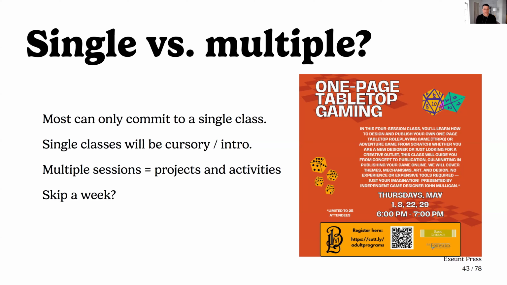It's going to be really hard to actually finish something, and it almost turns into sort of a webinar in person. Whereas with a multiple session one, you can actually work on a project and complete something, which is really satisfying and can be awesome. In fact, in the last one, it was 4 sessions, but we skipped a week to give people 2 weeks to actually work on their stuff.